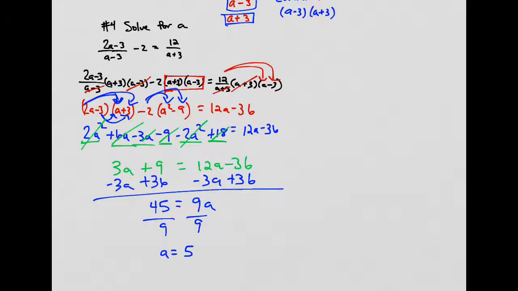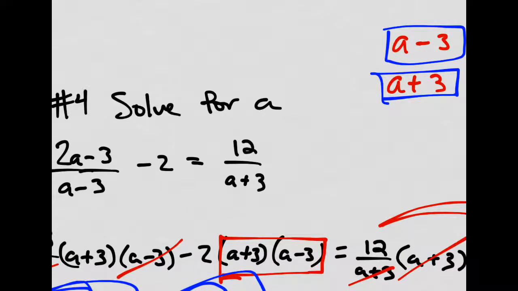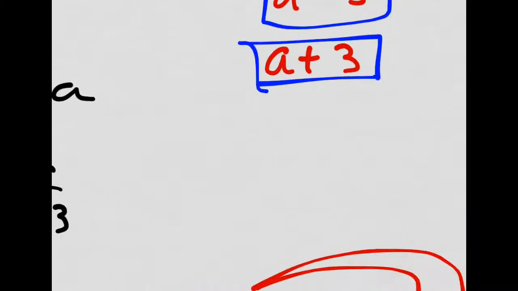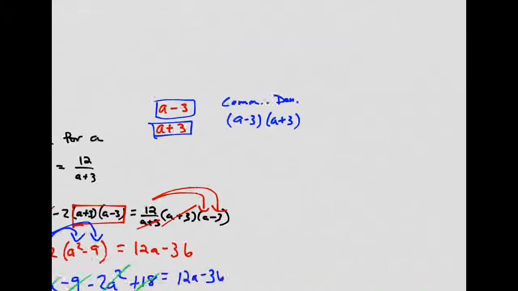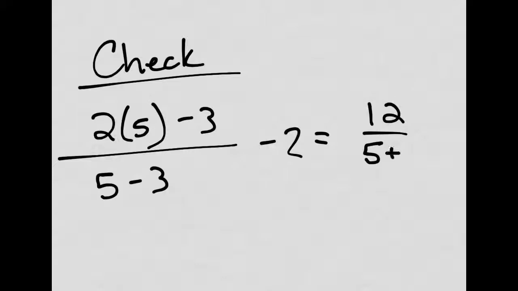I've got to plug it in and make sure. So I've got to plug it into the original problem. That's 2 times 5 minus 3 over 5 minus 3, minus 2, is equal to 12 over 5 plus 3.